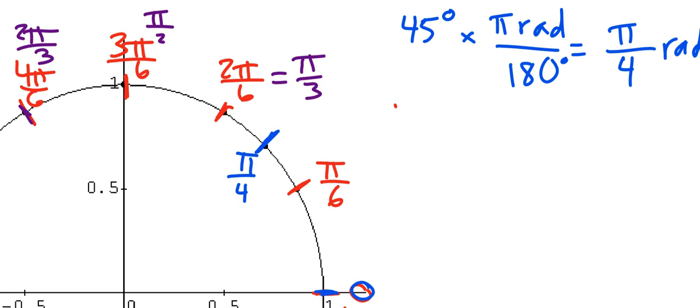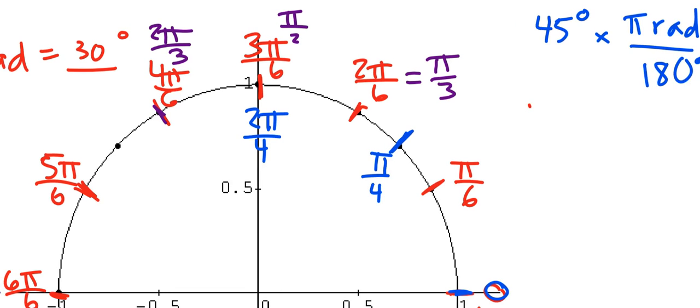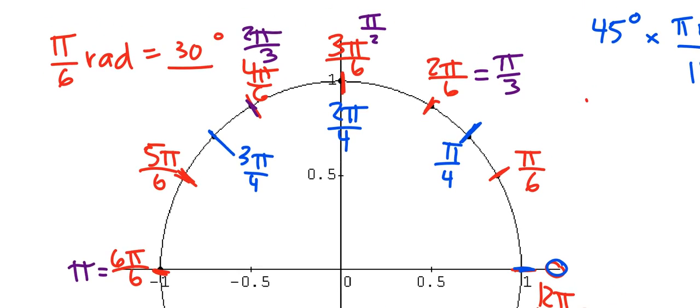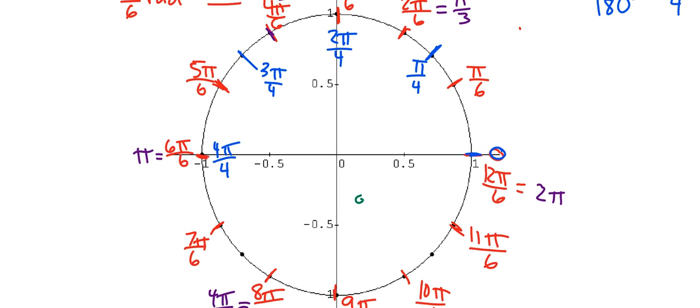Where would 2 pi over 4 be? At the top, right? What would you call the next blue mark? 3 pi over 4. And then, of course, there's 4 pi over 4. What's the one after that? 5 pi over 4. You guys are getting the hang of this counting thing.